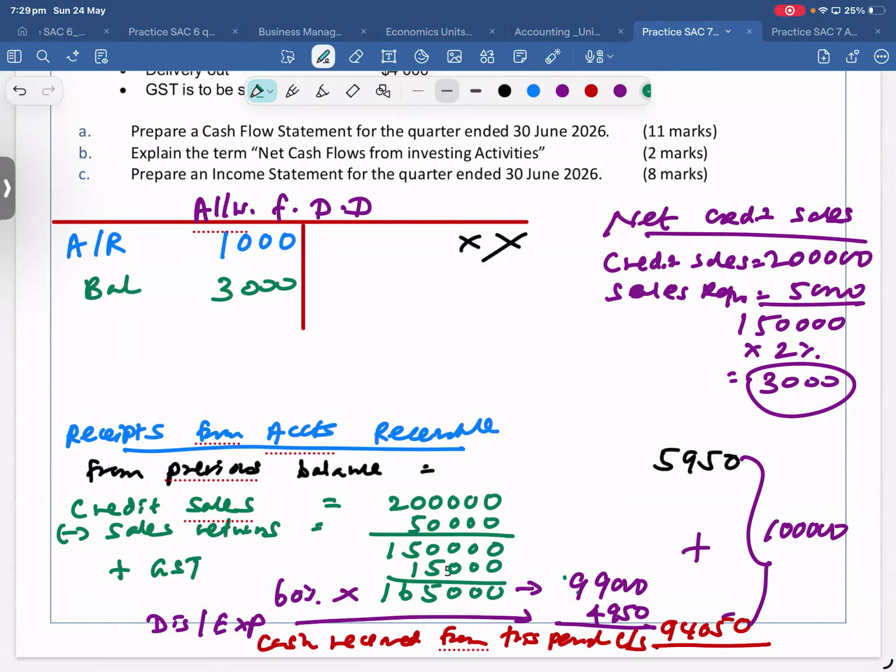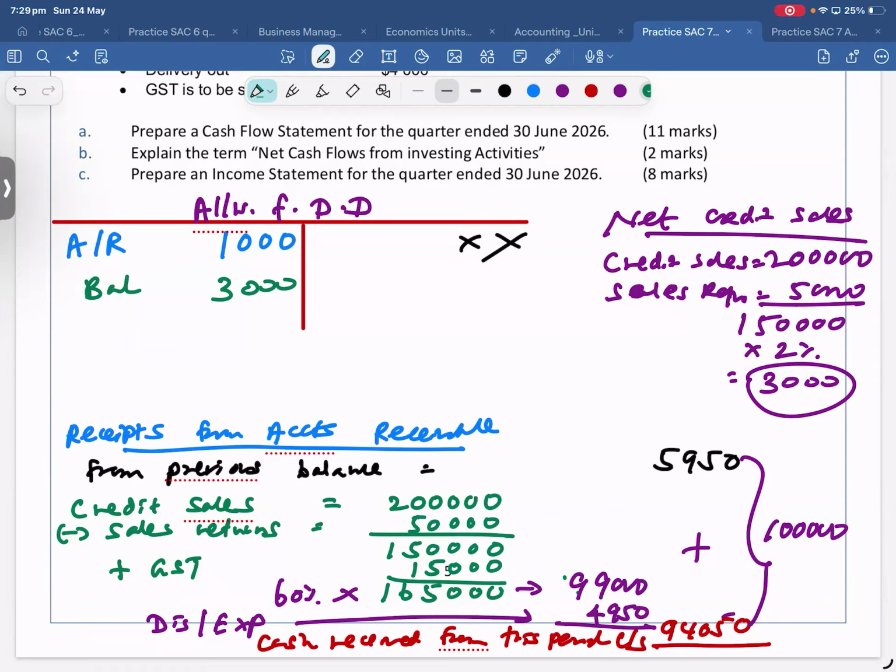Why do you say it's a 3,000? Why did you think that this is going to be the balance? Remember how we started doing the allowance for doubtful debt?